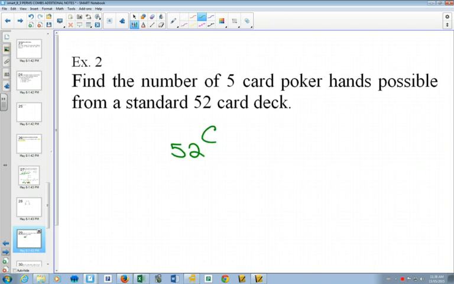You just need to choose 5 of them. Almost 2.6 million different hands.